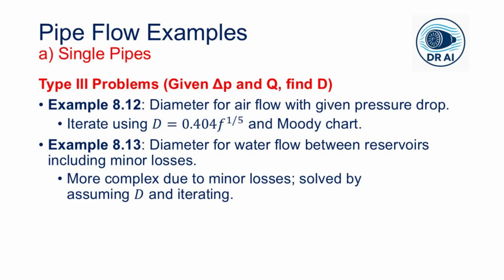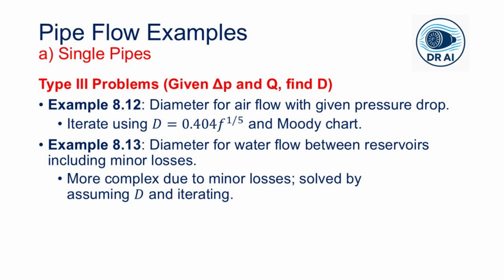The difficulty here is that the diameter D appears everywhere. It's in the velocity, V equals Q over A, so V depends upon the diameter raised to the power 2. It is in the Reynolds number also, so the Reynolds number depends upon the velocity and diameter. It's in the e/D ratio also, and it's in the head loss equation itself.